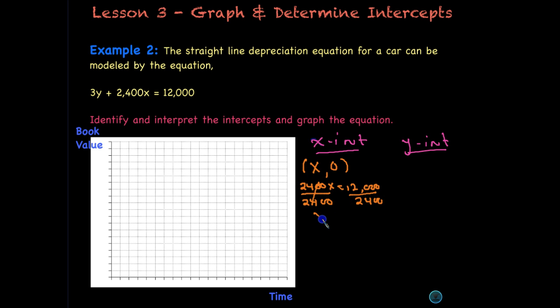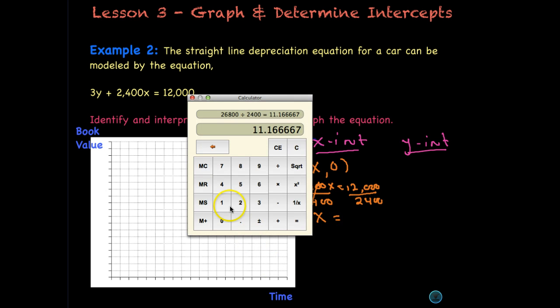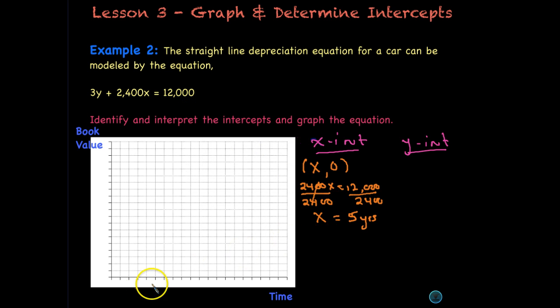This becomes just x, and 12,000 divided by 2,400 gives us 5, and that represents 5 years. That tells us a lot about the time. That means it has a useful life of 5 years. So if I'm making my scale, I could actually spread this scale out a little bit because I only need to go to 5 years.